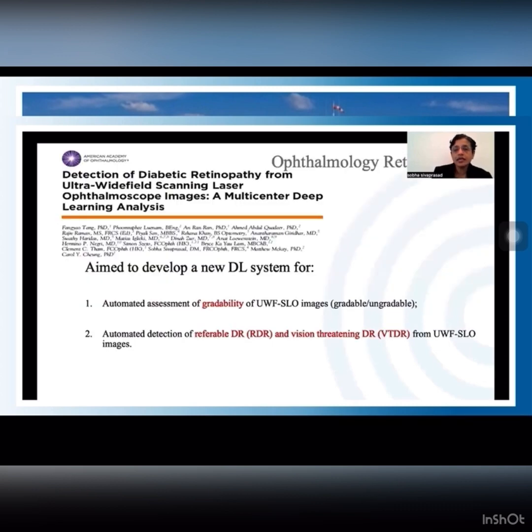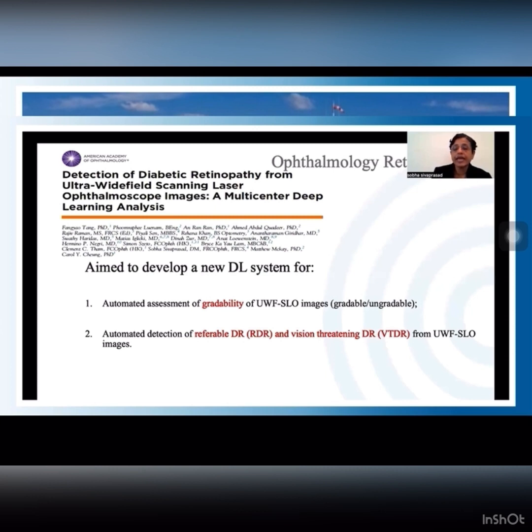In this study, a multi-center collaborative study, we aimed to develop a new deep learning system for detection of diabetic retinopathy lesions within the 7-field fundus photography of the ultra-wide field scanning laser ophthalmoscopy.